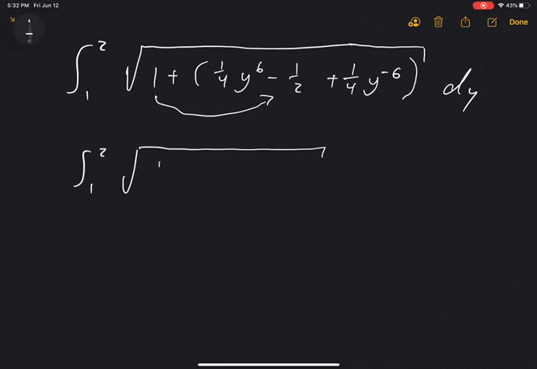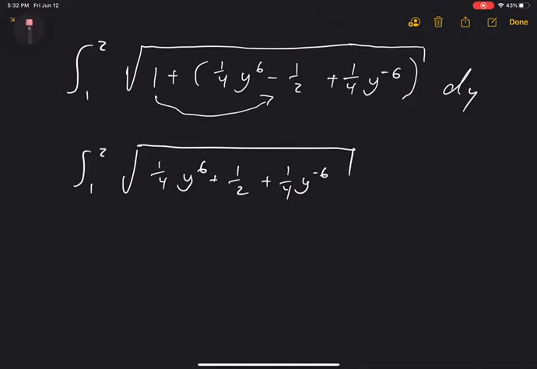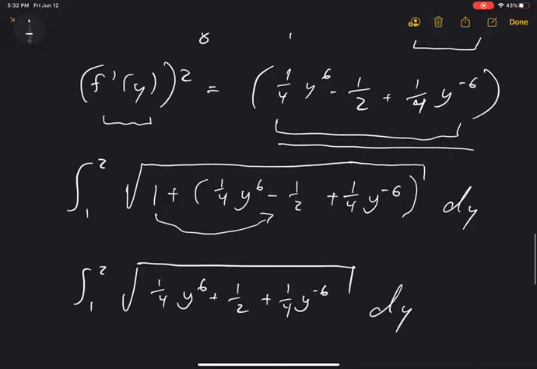Okay, so once I simplify, I get this integral. Now this is really similar to what we had up here, right? Look at this line up here.